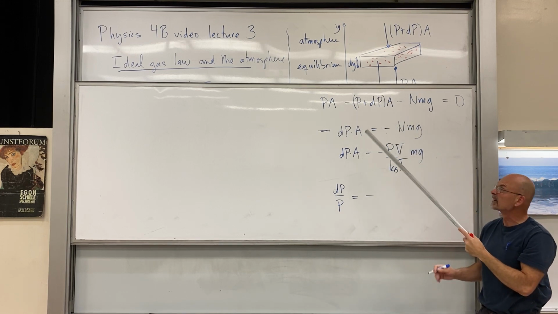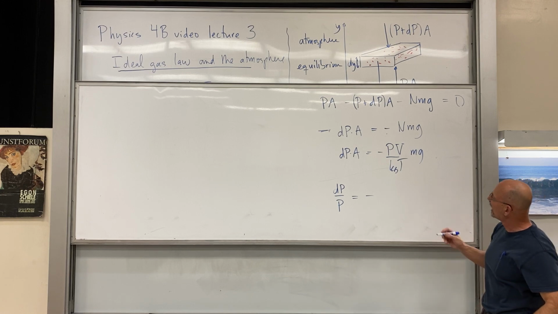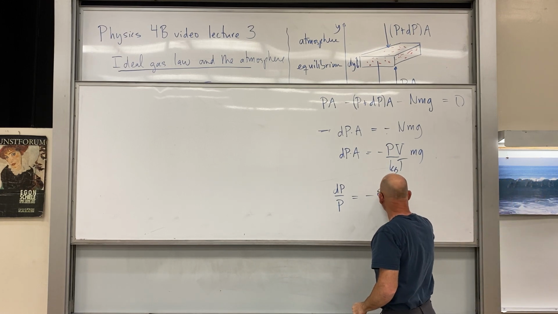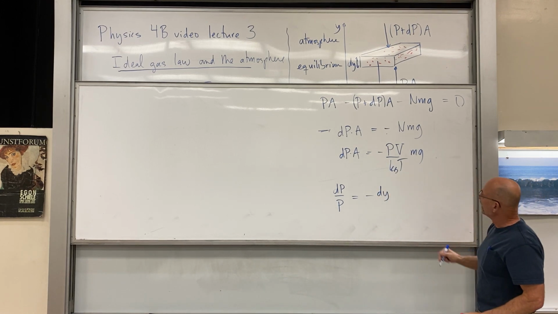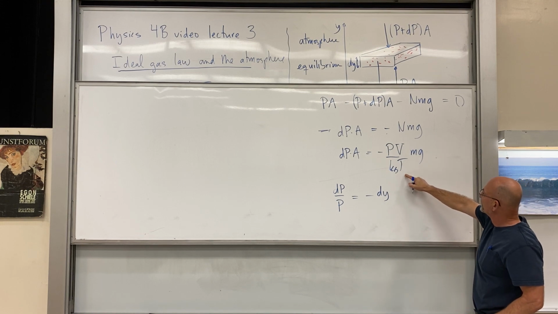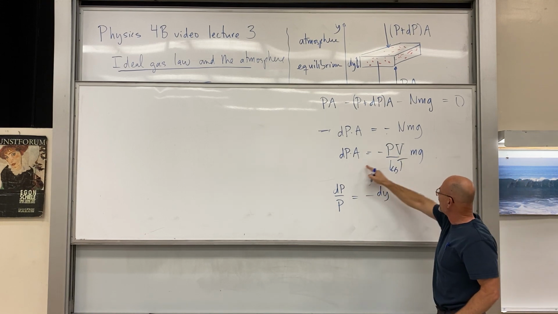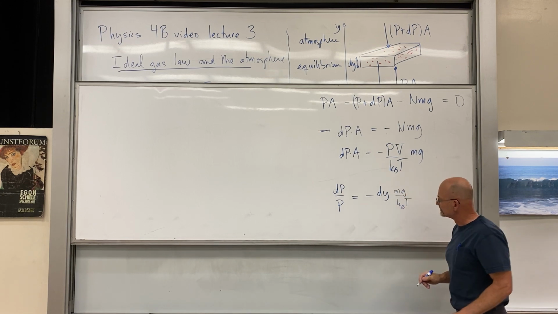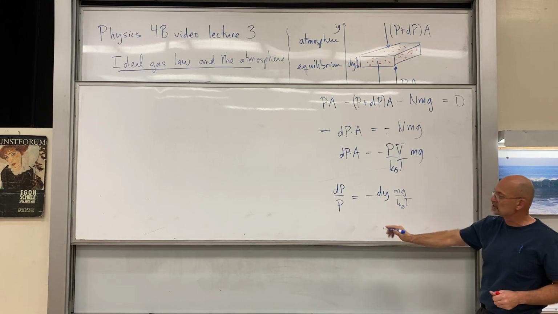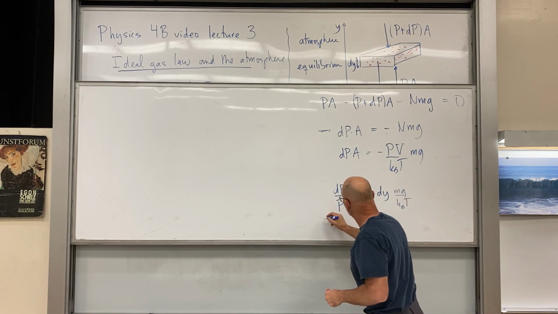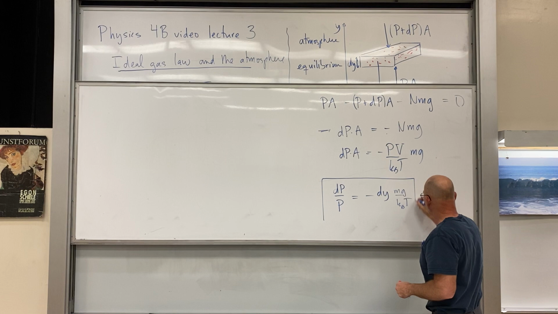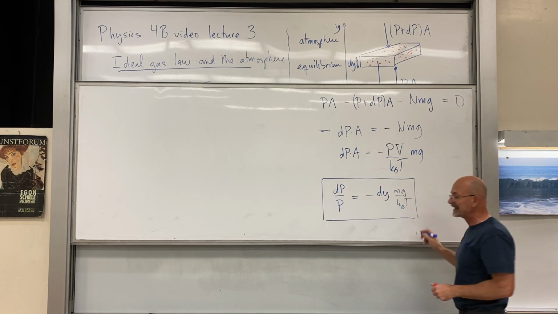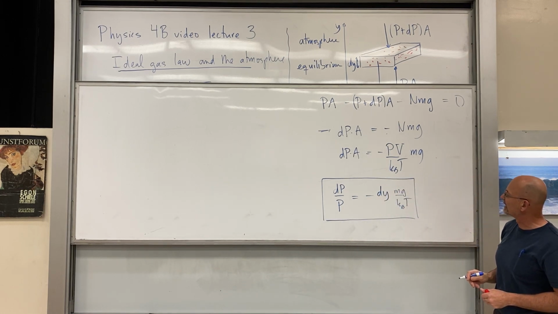Volume over area is going to be a length, that's going to be the dy. So we got a minus dy, and that's the V over A, and P we've already divided through, so we're just left with mg over k Boltzmann temperature. So this is a differential equation that we can very easily integrate up. So that's what we'll do next.